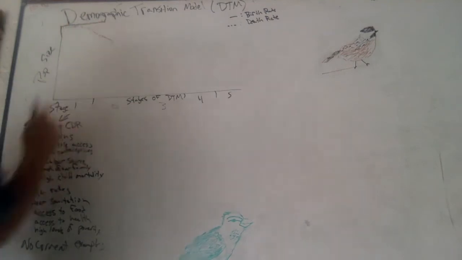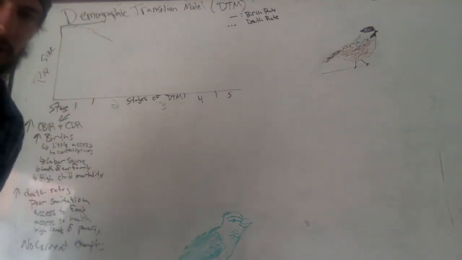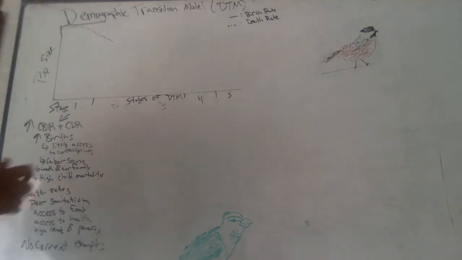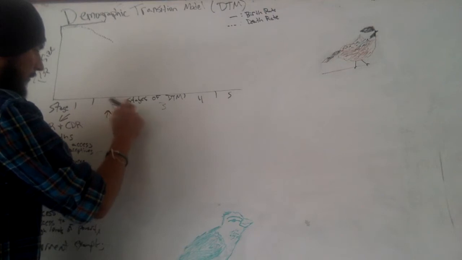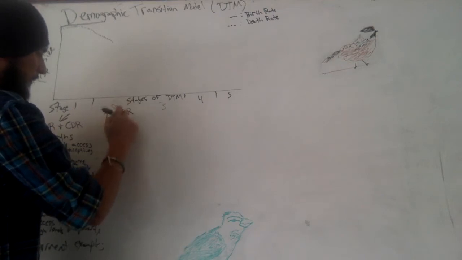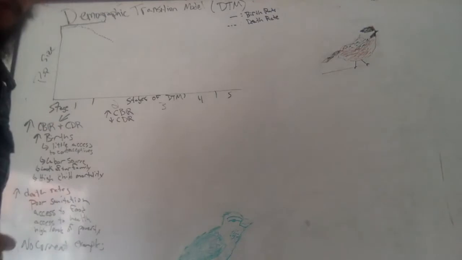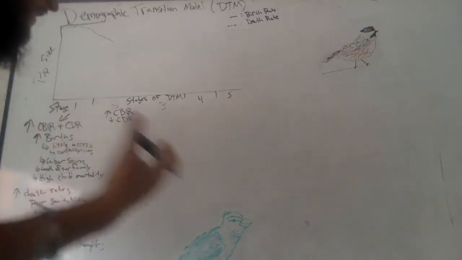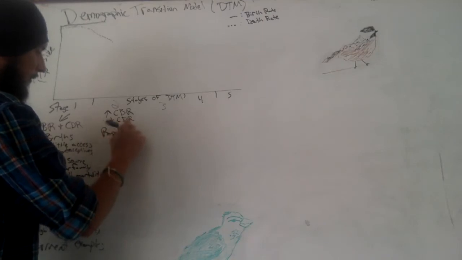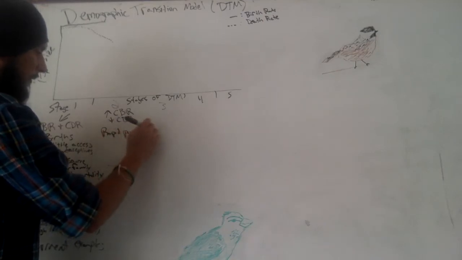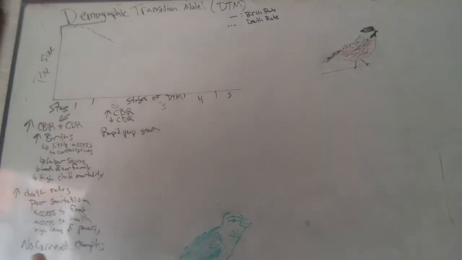And this brings us to stage 2. So we still have a high birth rate, but we have a lower death rate, lower CDR in stage 2. So this leads to rapid population growth. As you might expect, we're still having lots of babies, but fewer people are dying.